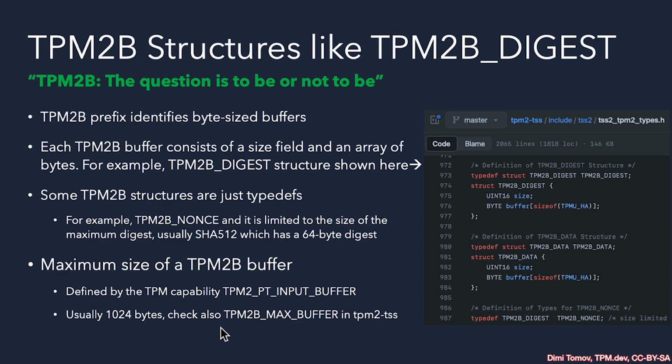And also we would be limited by the TPM2B max buffer defined in the TPM2 TSS. The default value that I've seen is 1024 bytes, and this is usually also what we see on a dedicated TPM. This is what we usually have as a limit for single writes and reads in the NVRAM even.